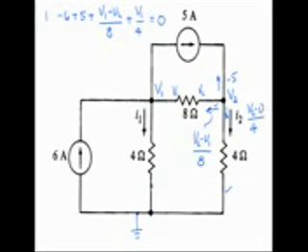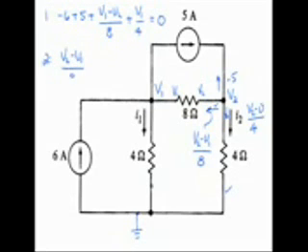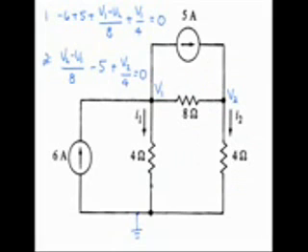And then divide that by 4 to get the current. So at node 2, we sum those currents to get V2 minus V1 over 8 minus 5 plus V2 over 4 equals 0.